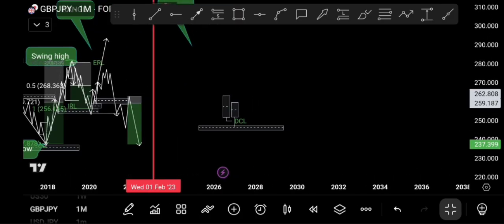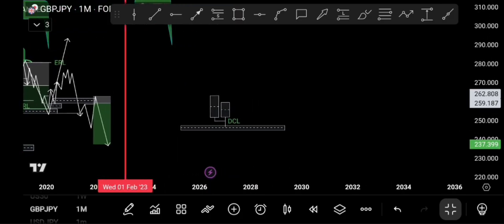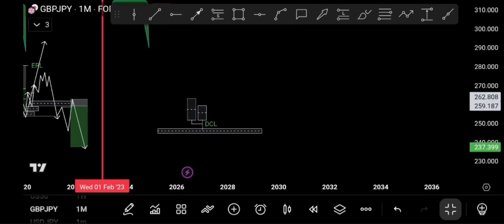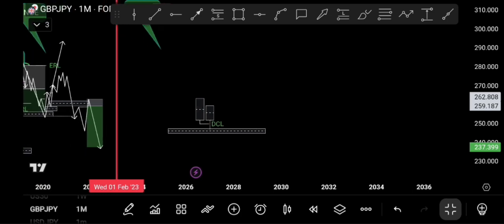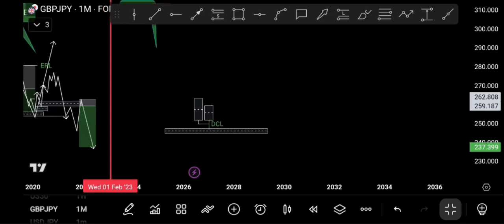Third thing you want to see now is this: price reacting from your higher time frame key zone. Now your higher time frame key zone can either be your buy side liquidity, sell side liquidity, key level, or supply or demand. Now once you have this, we have your daily candle liquidity.